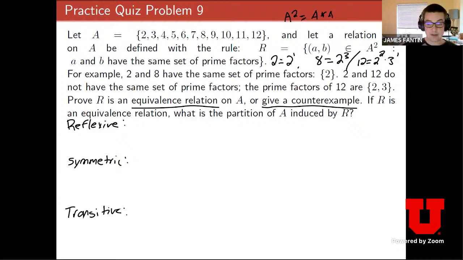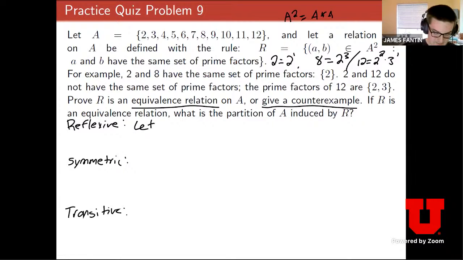Somebody has an example: 2 has the same prime factors as 2. For any number, it has the same prime factors as itself. This proof is going to seem a little bit trivial, but it's really just because by definition this happens.